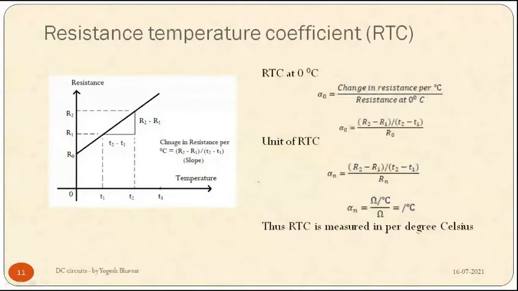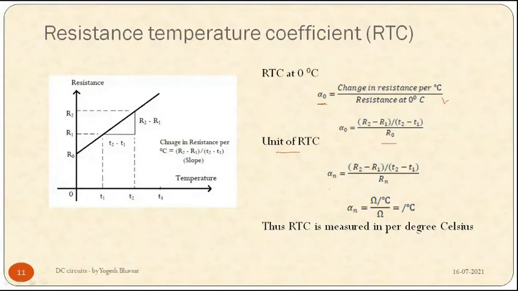In a similar way, we can define RTC at 0 degree Celsius, that means alpha 0. Change in resistance per degree Celsius is the same in the numerator, and the denominator is the resistance at 0 degree Celsius: R2 minus R1 by T2 minus T1, divided by R0. By this formula, you can work out the unit for RTC.